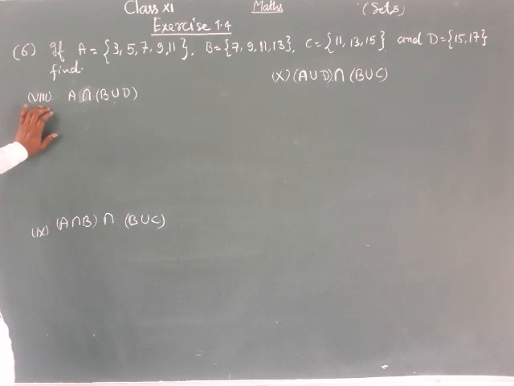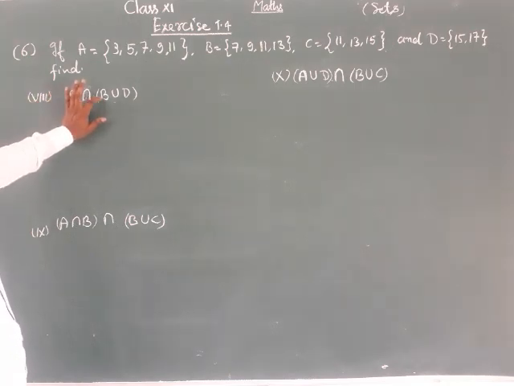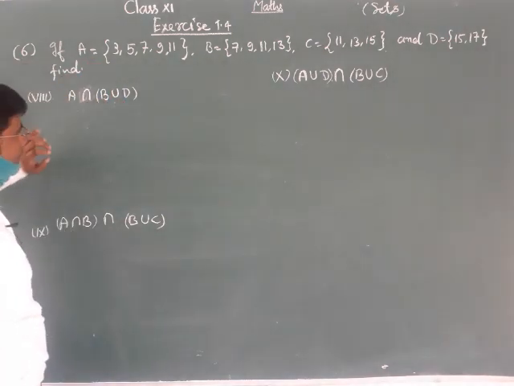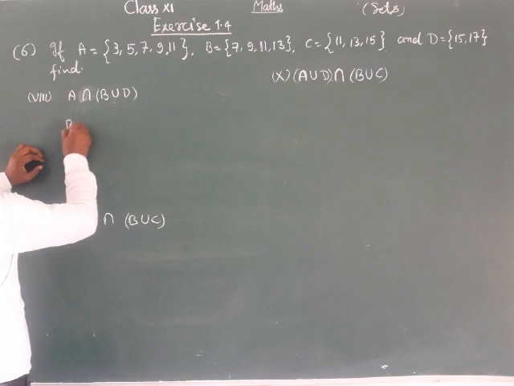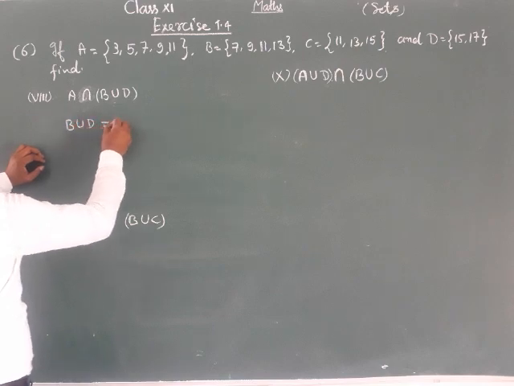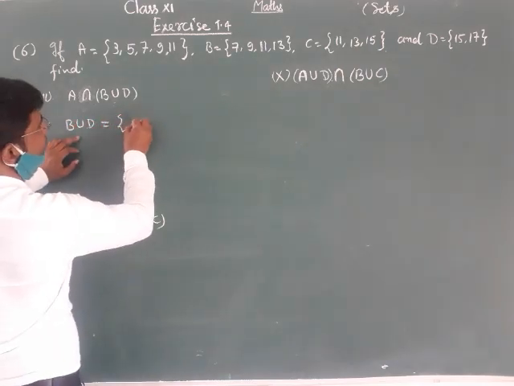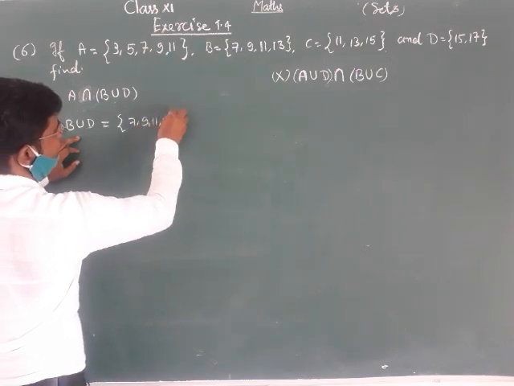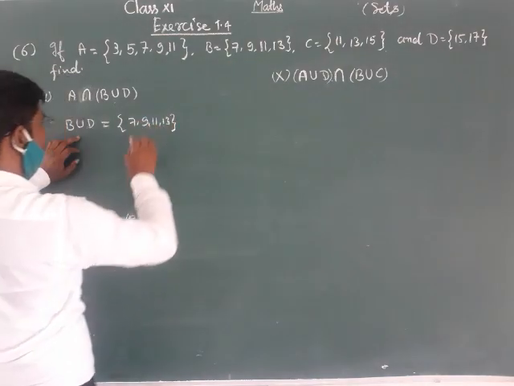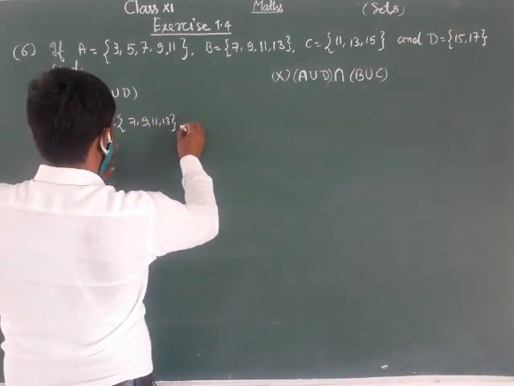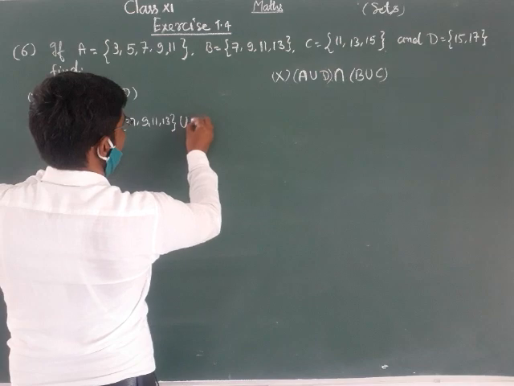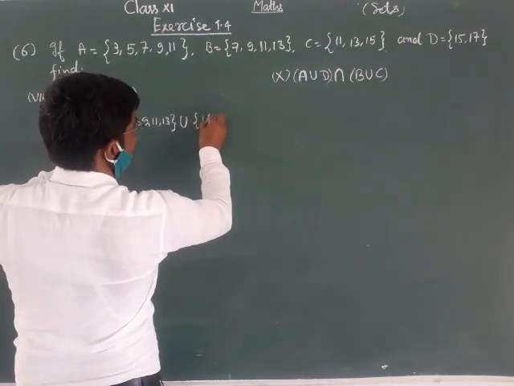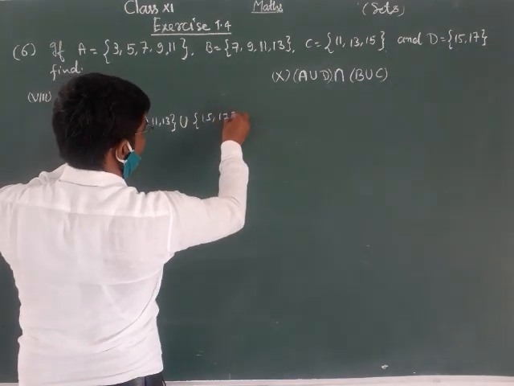Part number 8, A intersection B union D. Initially we find B union D. B has elements 7, 9, 11 and 13, and D has elements 15 and 17.